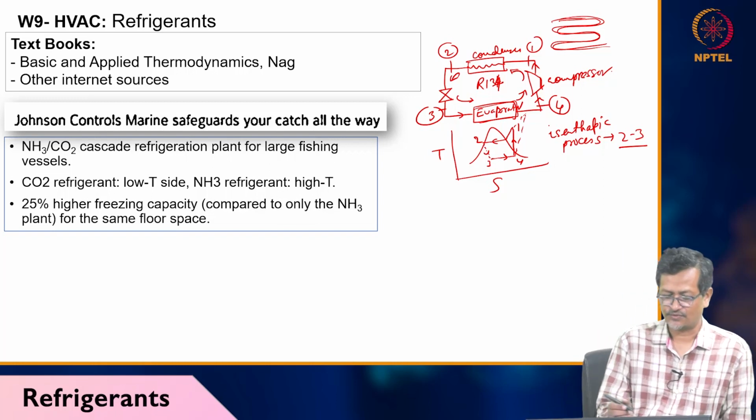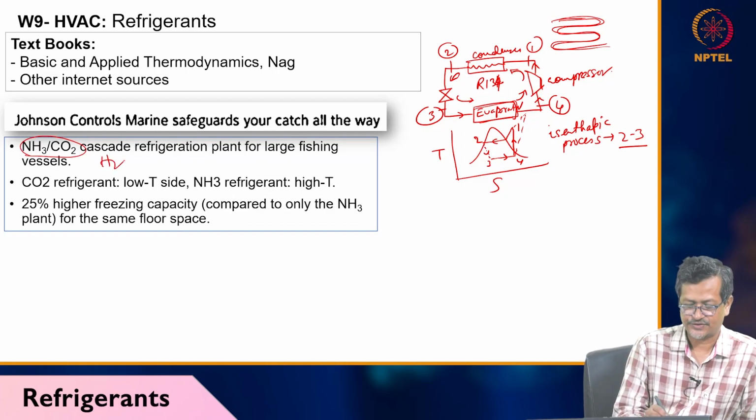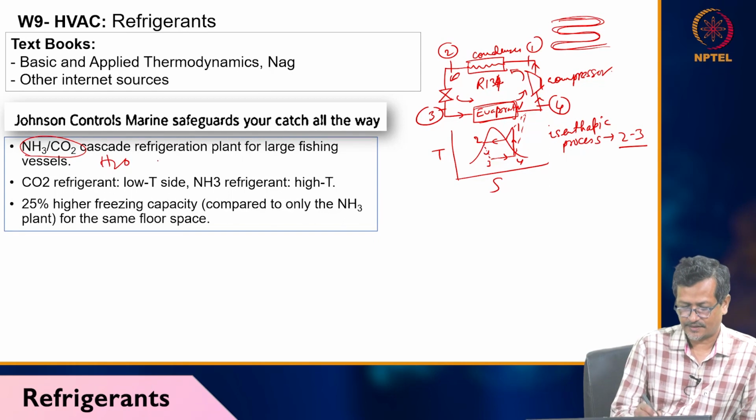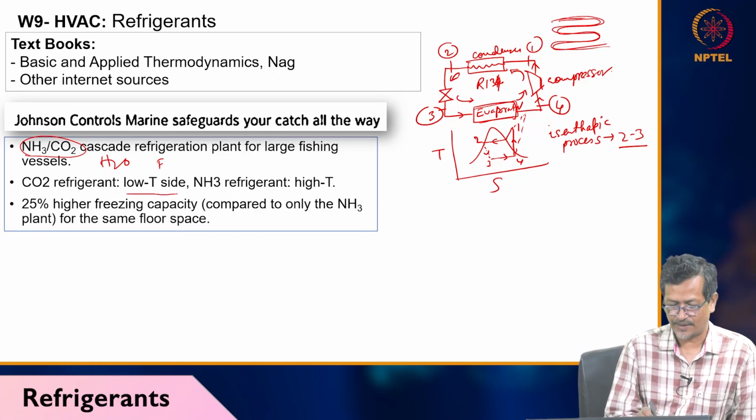So for marine systems, Johnson Controls already have an ammonia and carbon dioxide based system. Ammonia can be a refrigerant, carbon dioxide can be a refrigerant, H2 can also be a refrigerant, other than your freon and fluorine and chlorine based refrigerant systems. Carbon dioxide refrigerant will be used on the low temperature side.